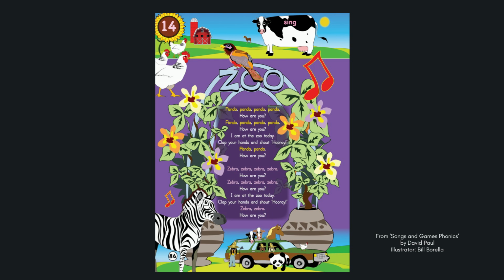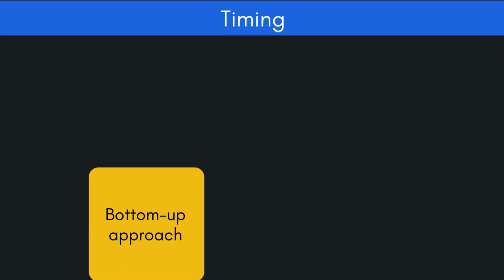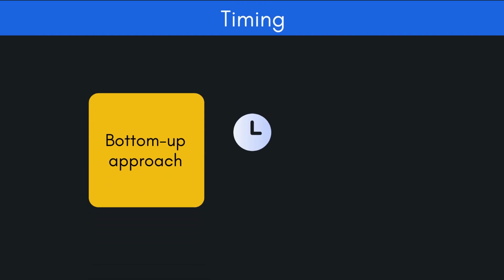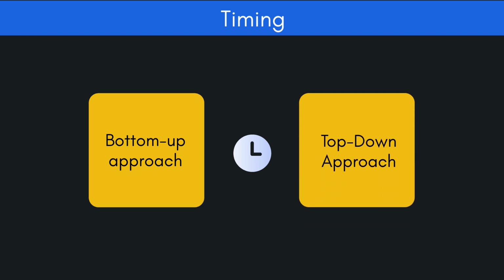You can just let the children notice how words like panda or zebra are spelled, and follow up by playing games where the children see these words and similar ones again and again. The best timing for when to switch away from a bottom-up approach to a top-down approach varies a lot.